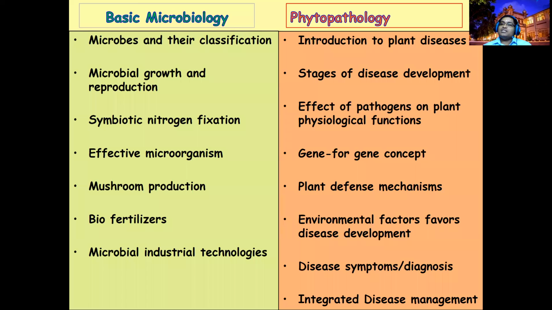Some of you are very resistant, some of you are very susceptible. If you go out in the rain, the next day you are sneezing, with headache and fever, because you are susceptible. The pathogen overwhelmed you and made you sick. You will study host pathogen genetics under the gene for gene concept.